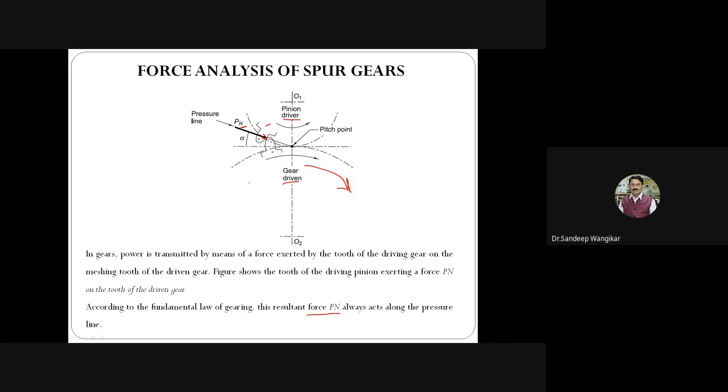So I request you to give the heading in your notes as force analysis and draw this diagram.